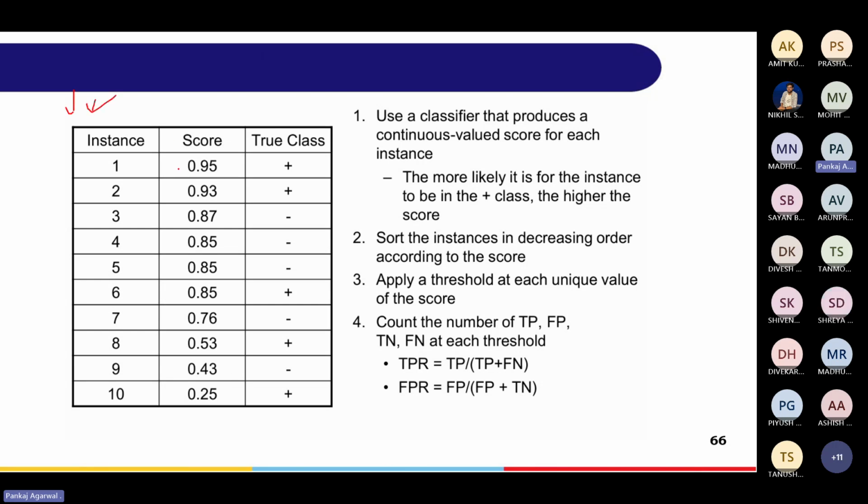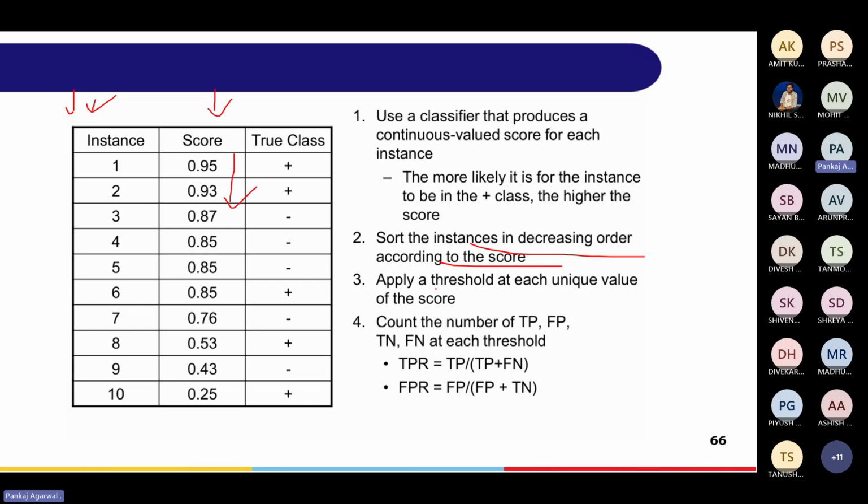You have this particular table, for example. You would be calculating the probabilities. I'm not covering how the probabilities came, and these are the classes. What I've done is put this table in decreasing order of those probabilities first. We sort the instances in decreasing order of their scores or probabilities.